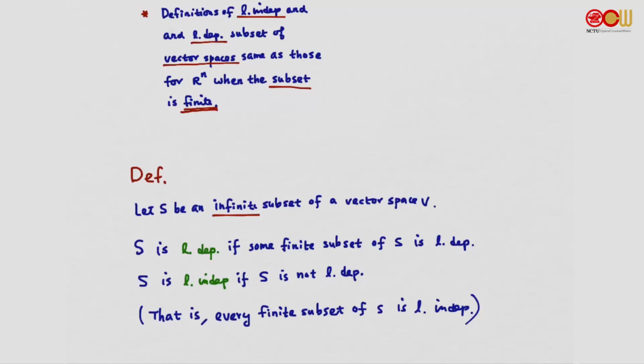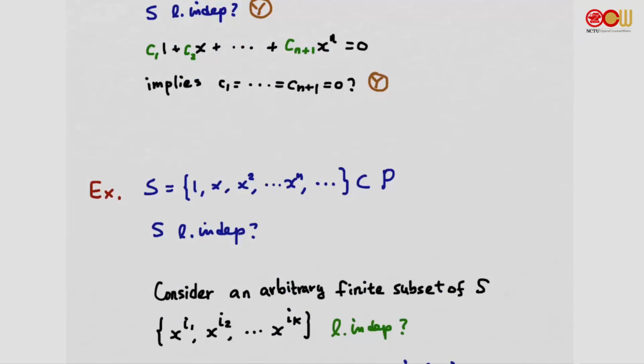To determine whether an infinite set is linearly independent, we draw an arbitrary finite subset of S and see if it is linearly independent, and this has to be true for every subset. So let's draw an arbitrary finite subset of S. Let's say we draw out k terms.